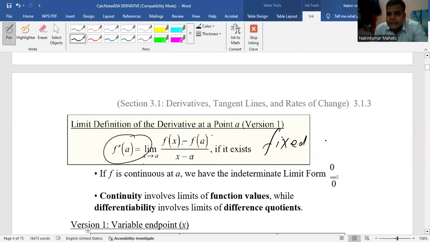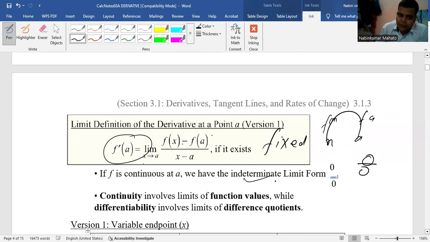We already studied this before: f(x) minus f(a) over x minus a. It exists if f is continuous at a, and then we have an indeterminate limit of the form 0 by 0. The 0 by 0 form is called the indeterminate form, and this is very important.